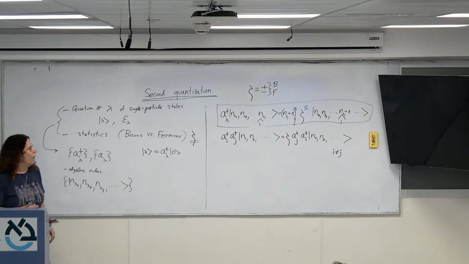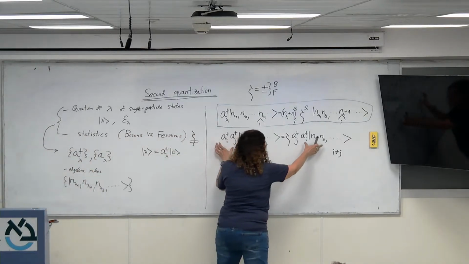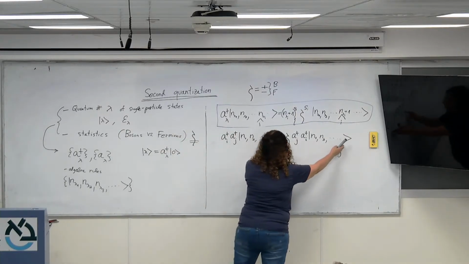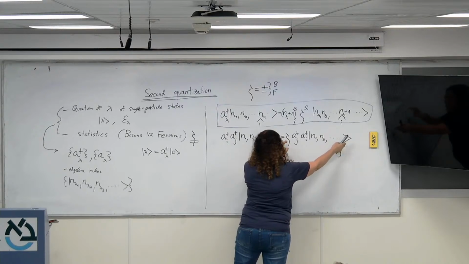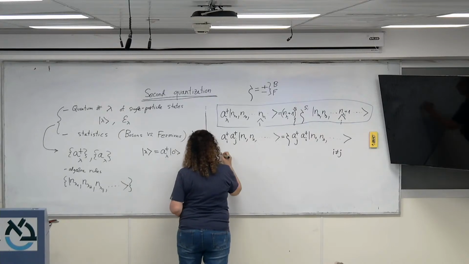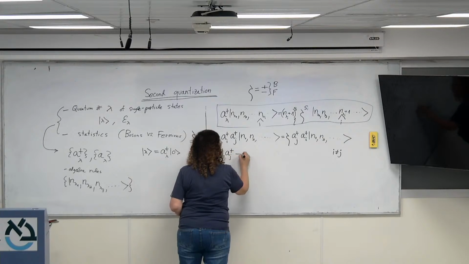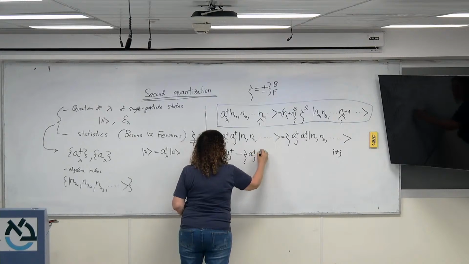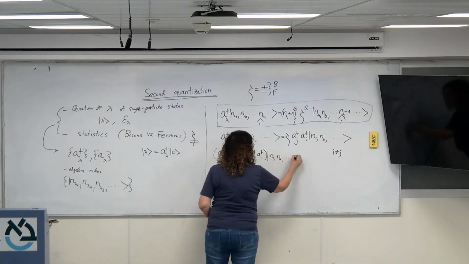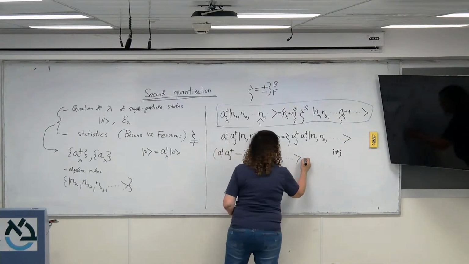Now, let me rewrite this equation a little differently. I can move this side to the other side of the equation, and I can write it as a_I dagger a_J dagger minus zeta a_J dagger a_I dagger, all that acting on the same state. And this will give me 0.